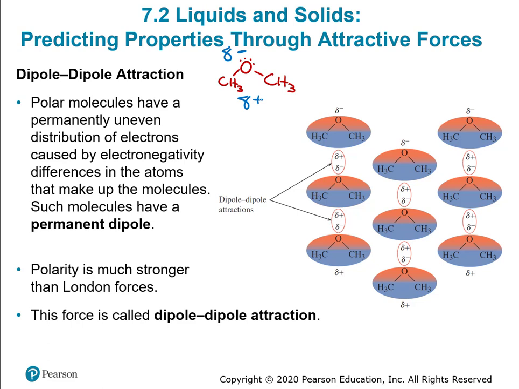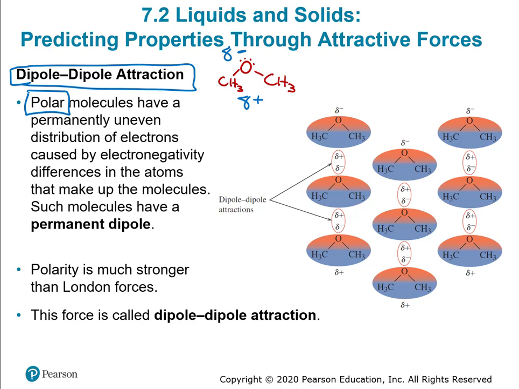Now they're going to start stacking. Do you see how they start arranging themselves, so that the slight positives are going to line up around the slight negatives of other molecules like them? They call that dipole-dipole. Remember that this is polar.